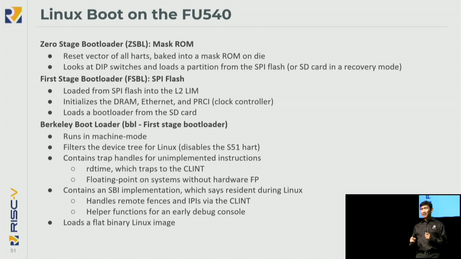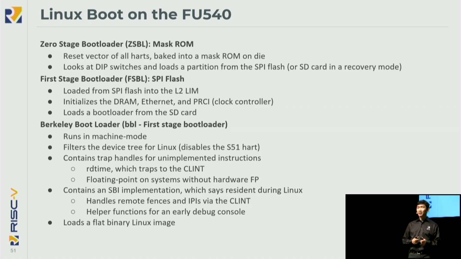It simply stays there. On power on, it looks at the DIP switch and loads the appropriate partition based on the selection of the DIP switch for which SPI flash it can boot from, which is the first bootloader.